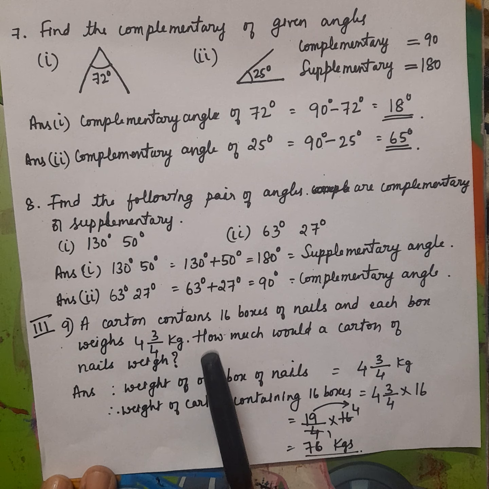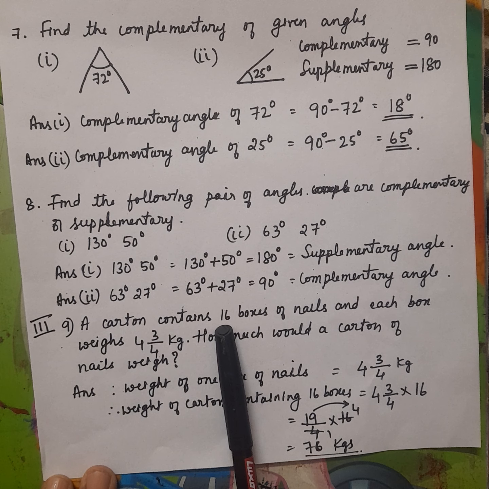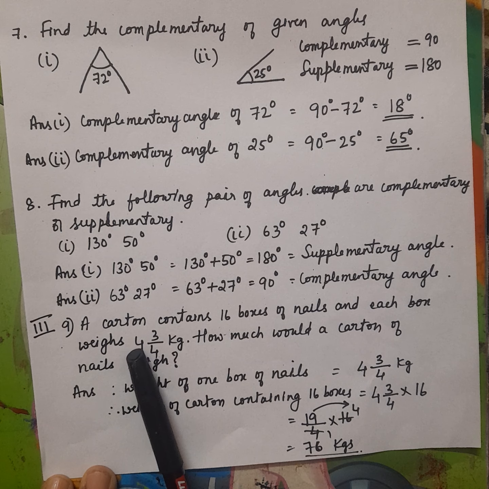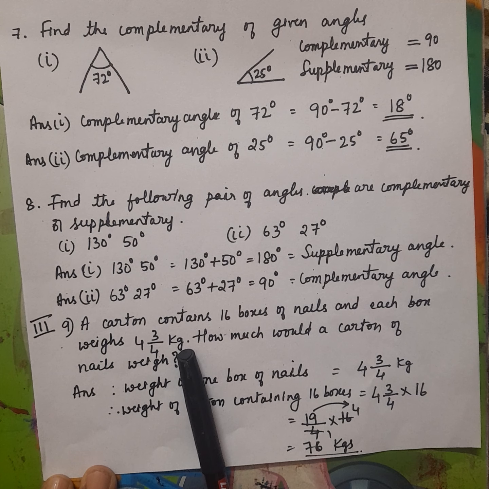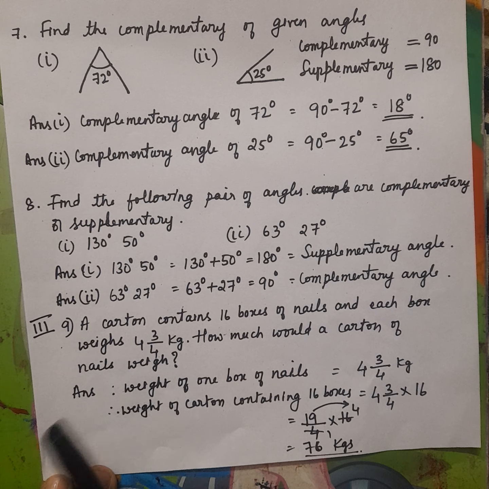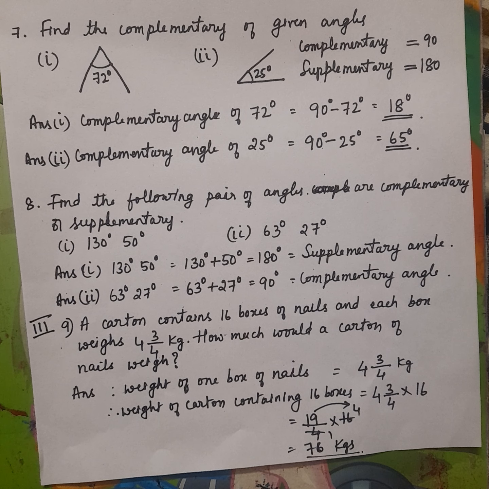Now the next question. A carton contains 16 boxes of nails and each box weighs 4 3/4 kgs. Now how much would a carton of nails weigh? That means you have to understand the question. Now here there is a carton.